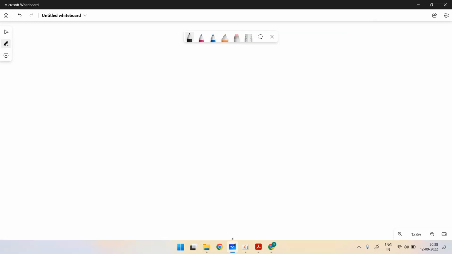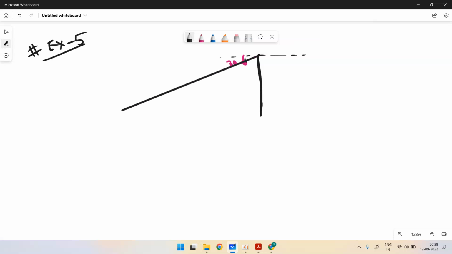So if you draw this diagram, example number 5, when it is 30 degrees, the shadow is cast like this, and when it goes to 60 degrees, it is like this.